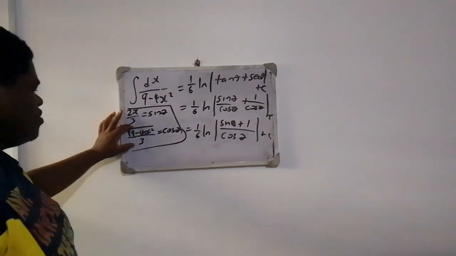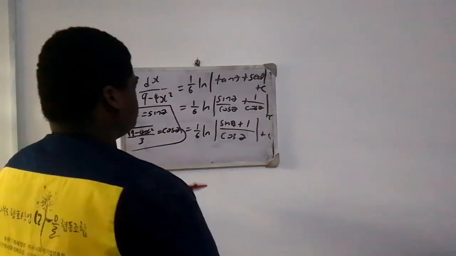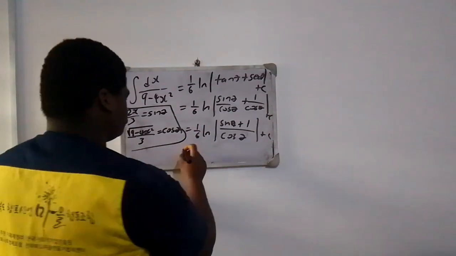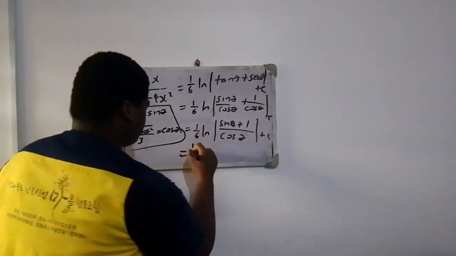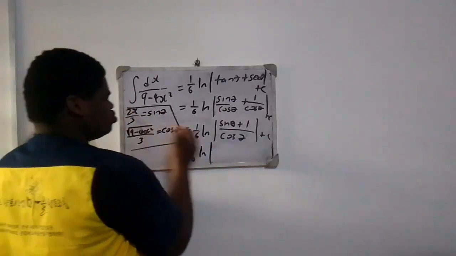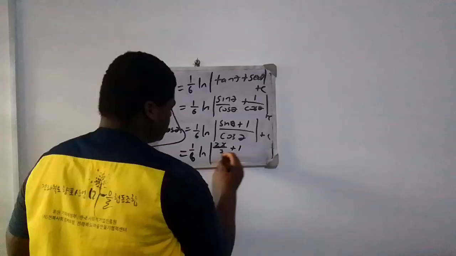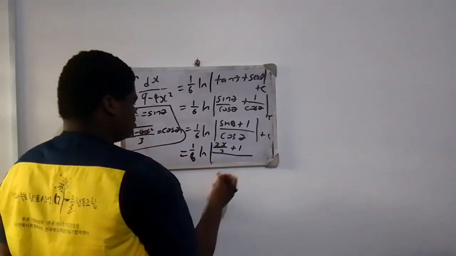You can start now by putting all of this inside that. Now let's put our values in. Okay, I'll just put it in the last row here. So you have 1 over 6 times the natural log of the absolute value of 2x over 3 plus 1, all divided by this.